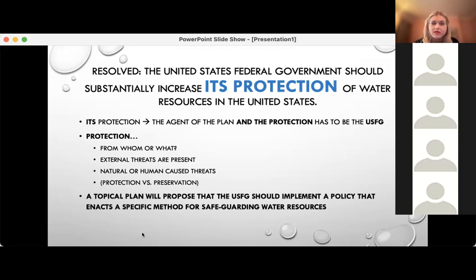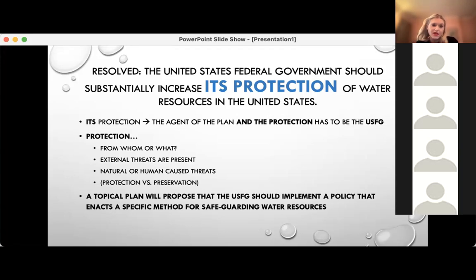So to summarize, a topical plan will propose that the United States federal government should implement a policy that enacts a specific method of protection, a specific method for safeguarding water resources from harm. I should have put "from harm" at the end. But basically, does that make sense?